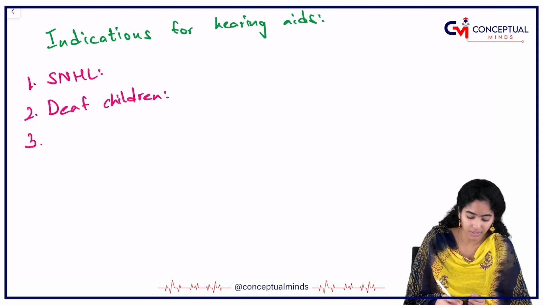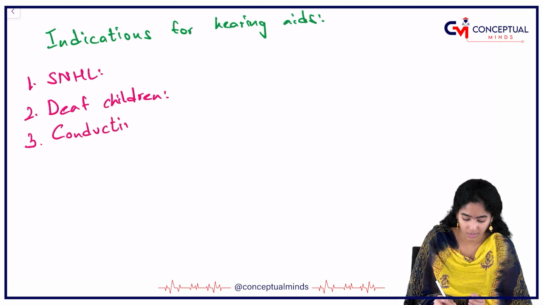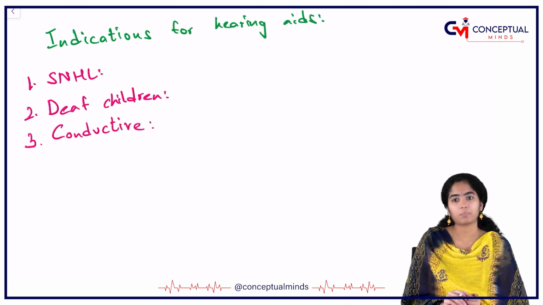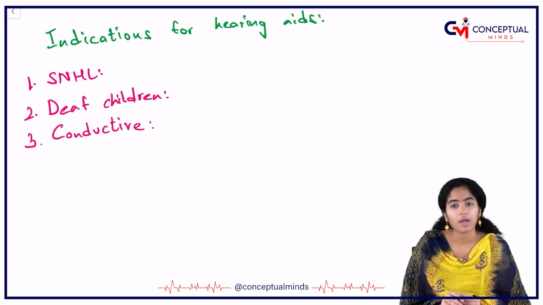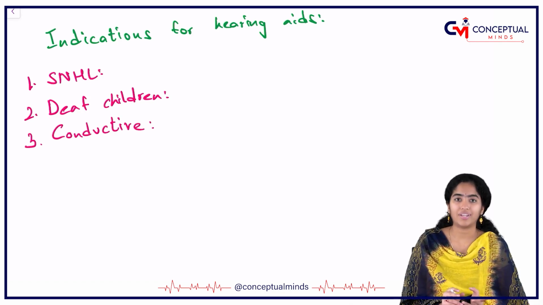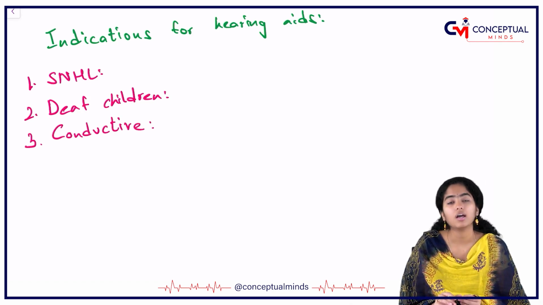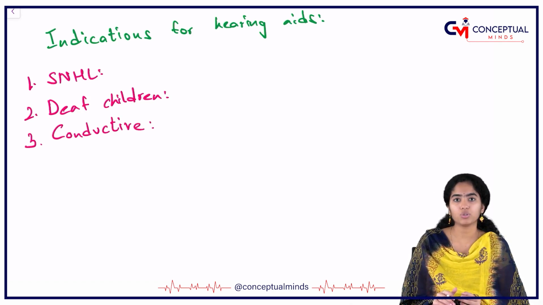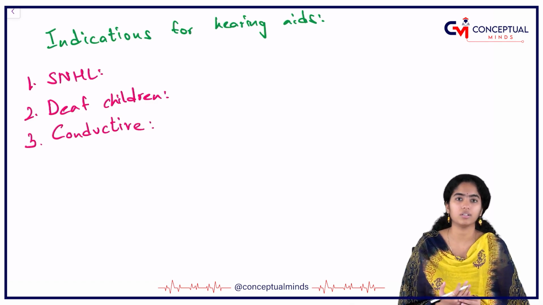Next, in conductive type of hearing loss also, hearing aids are useful. When is that? When a surgery is tried, but the surgery failed. Suppose a middle ear reconstruction was done, but even after doing that, the patient could not achieve 100% hearing.